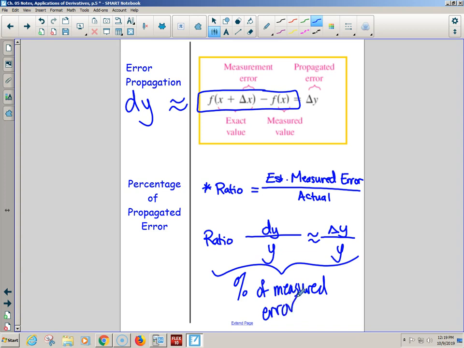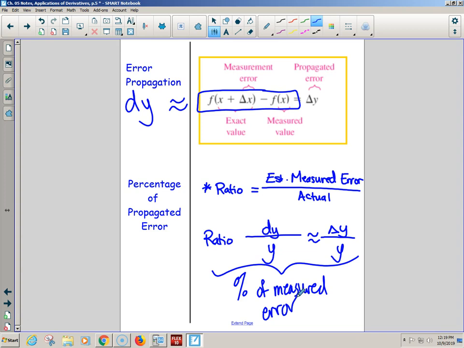So not only could we figure out how far off the measurement is, or the approximate measurement error by dy, we could also put that over y and figure out the percentage, the error propagation percentage of change. There you go, percentage of propagated error, by just doing a quick little ratio.